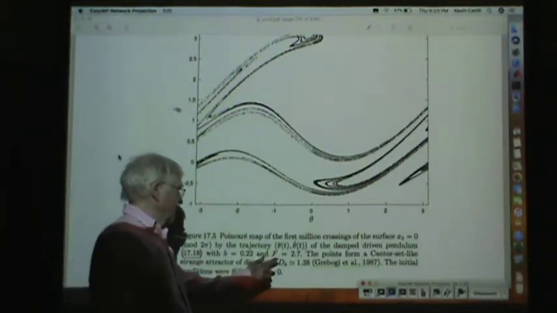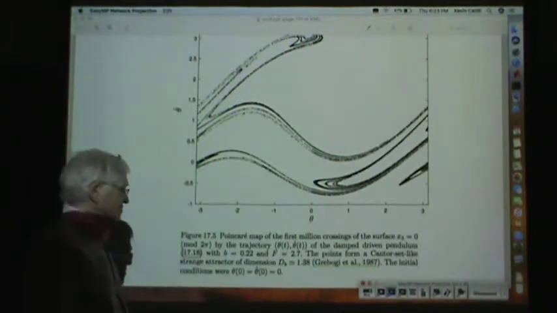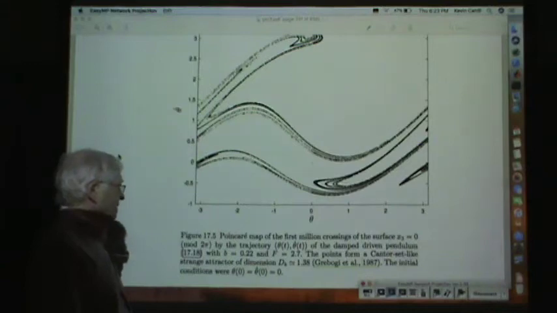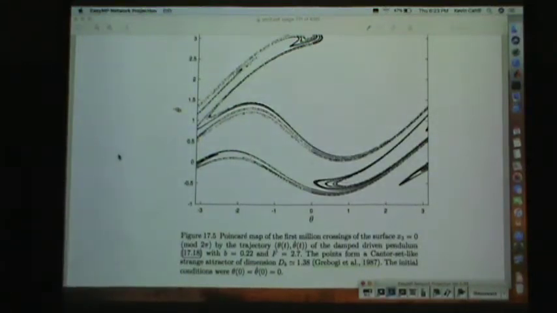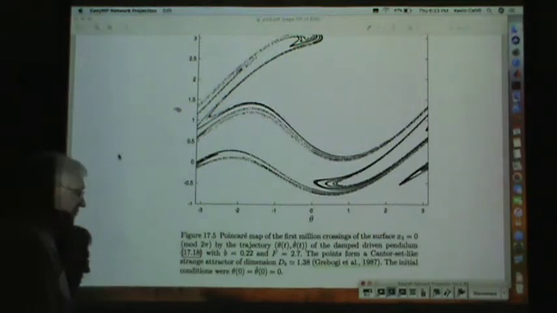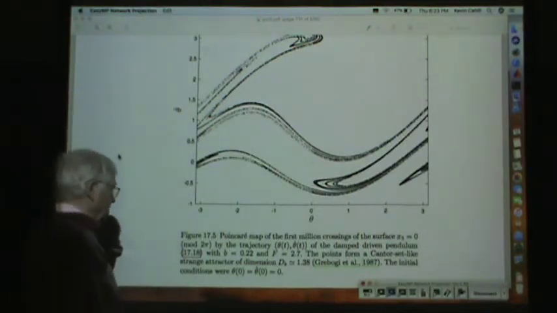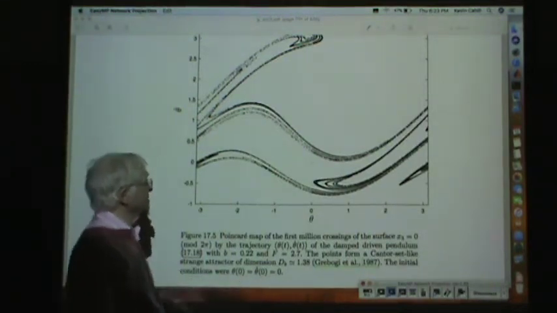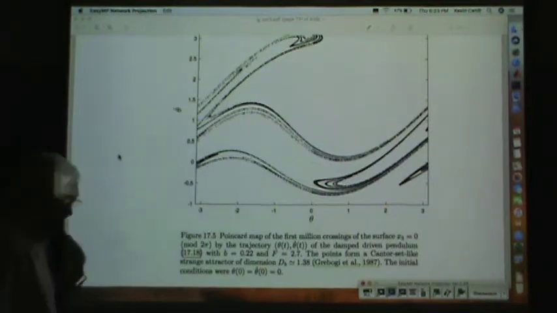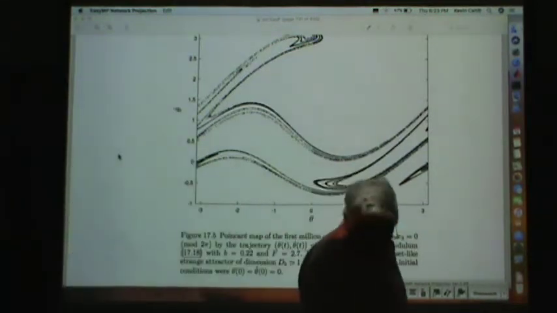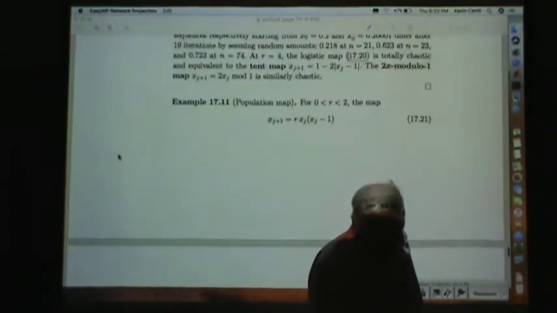And the particular f is 2.7, and the damping is 0.22. And these points form what's called a Cantor set like strange attractor, and the dimension is 1.38. And the initial conditions were everything 0. As I say, you can have a lot of fun playing with these things.